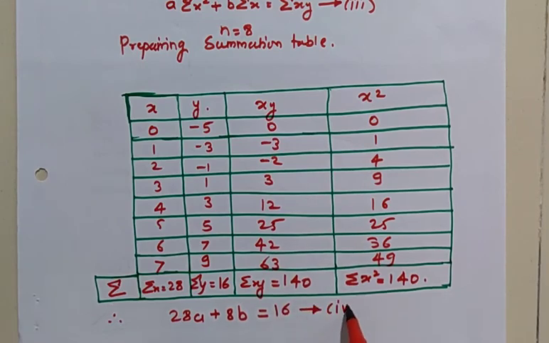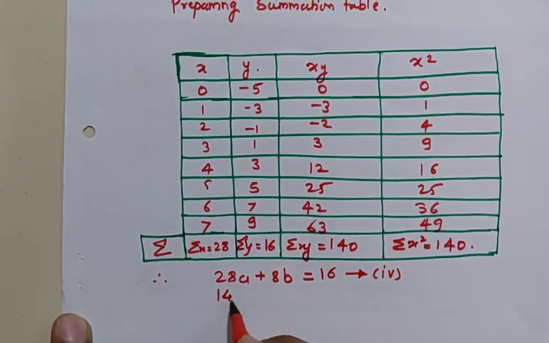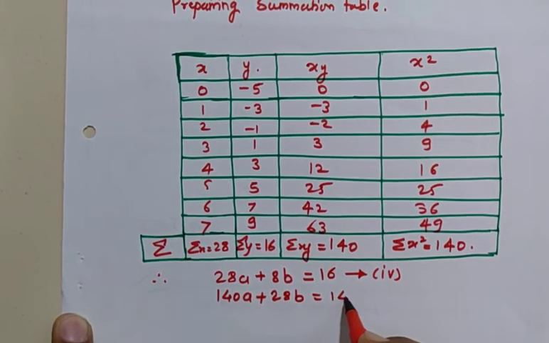Call this equation number 4. The next equation is a summation x square. So a summation x square is 140a, plus b summation x, which is 28b, is equal to summation xy, which is 140.